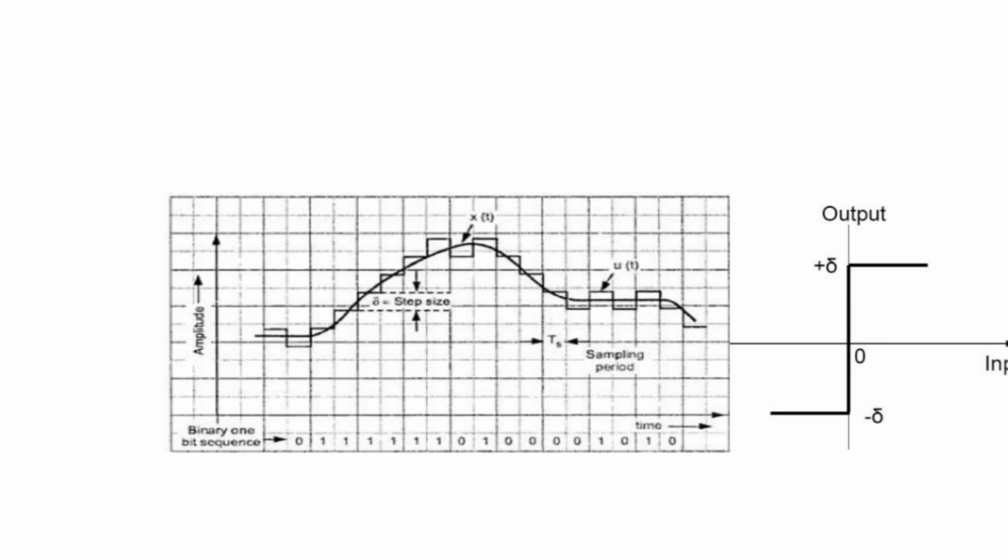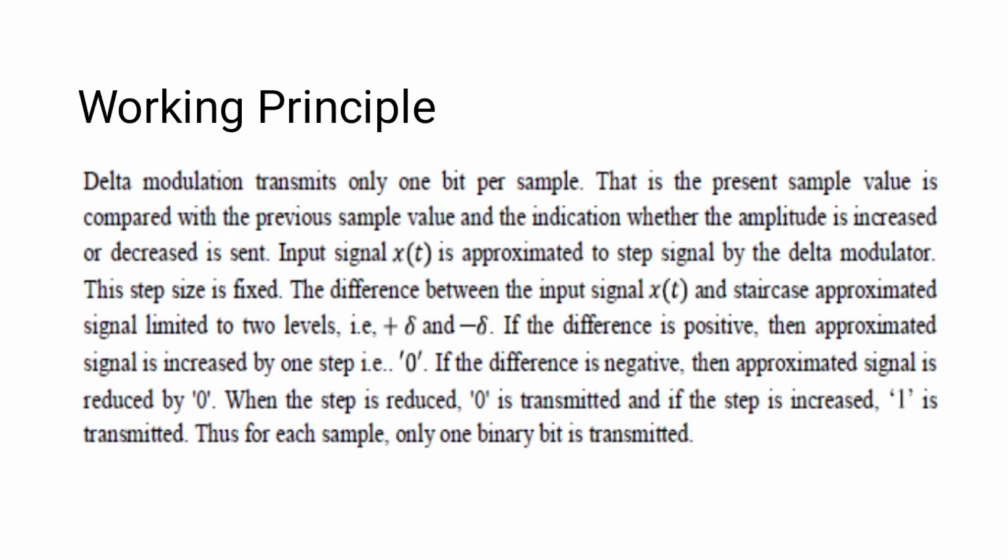Whereas in DPCM we make levels, for example if I take 3 bits, each discrete time sample is made as 3-bit data. Here we are making only one bit, 0 or 1. So that is the beauty of delta modulation.